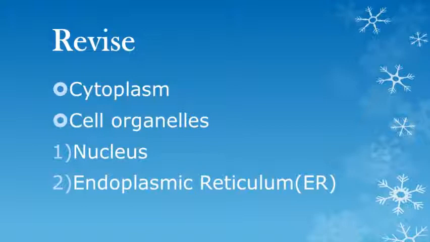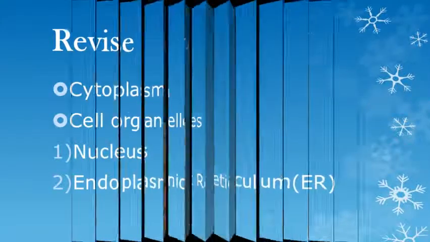Next was the endoplasmic reticulum, where proteins are synthesized and all the toxins produced during the chemical reactions in the cells are flushed out. Now let's move towards the next cell organelle.